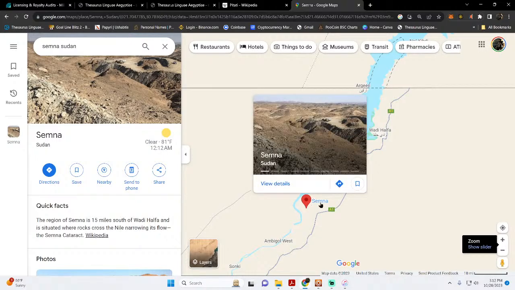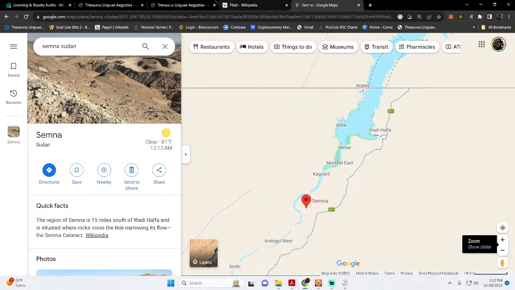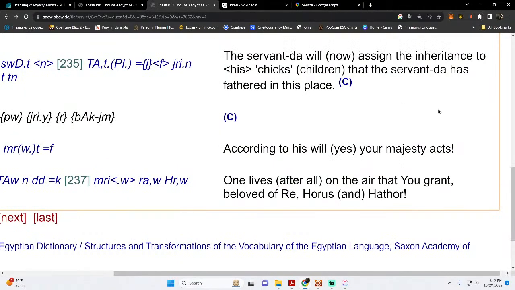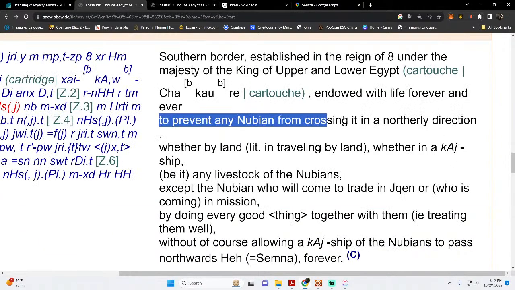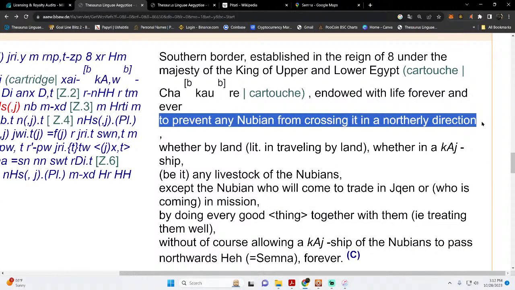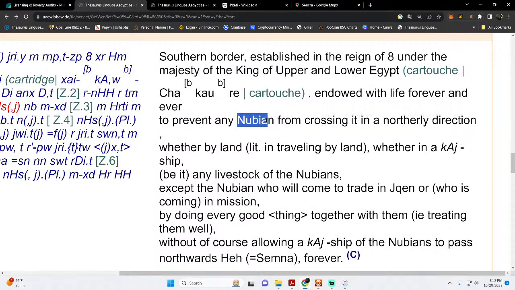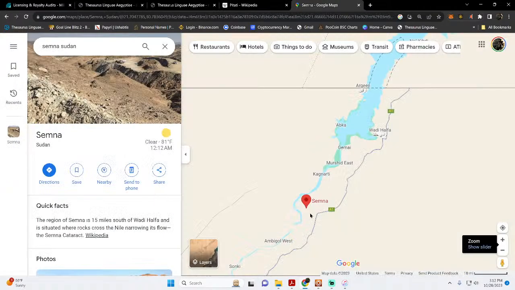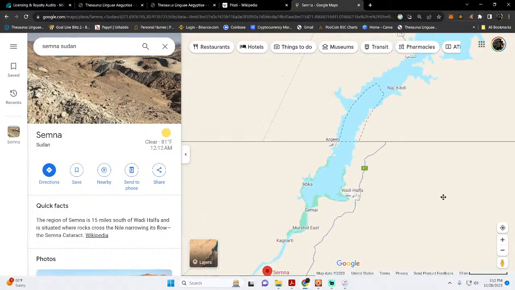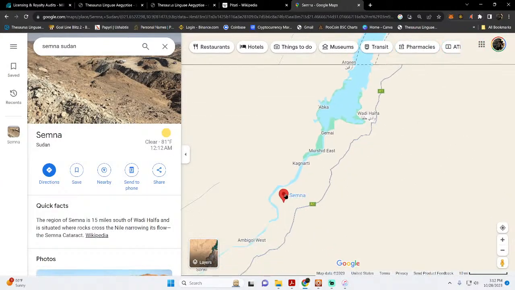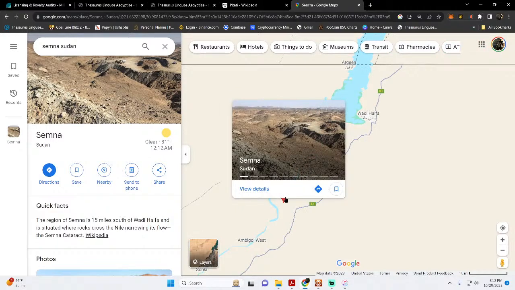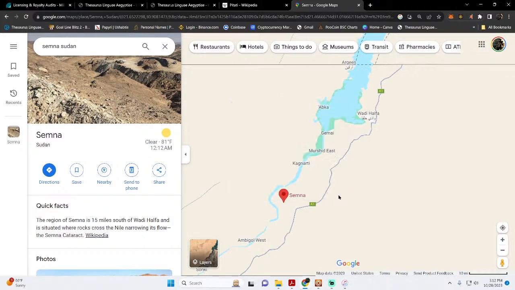So when he came this far down and said, to prevent any Nubians from crossing in this direction, I could strongly argue that this simply means southerner, because the contingency of Nubians that he knew, if you want to make that be a real thing, they lived up here, above, north of this stele.